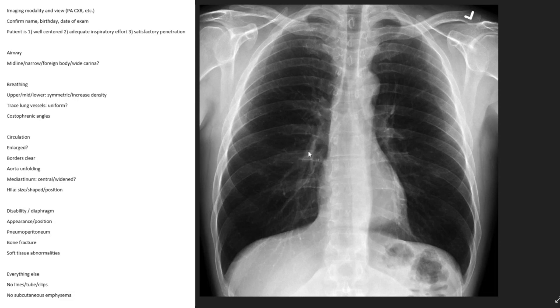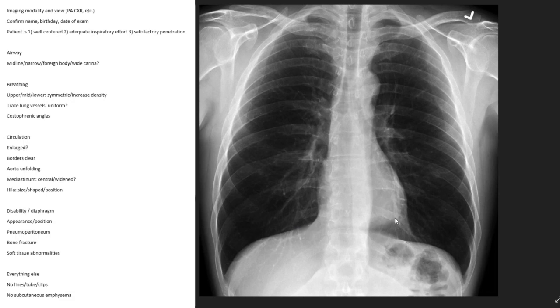So then after that, you should look at the diaphragm as well as disability. So D is for disability and diaphragm. The right hemidiaphragm should be elevated higher than the left. That's actually normal. You want to look that the diaphragmatic border is clear. You want to look that the right hemidiaphragm is above the left.